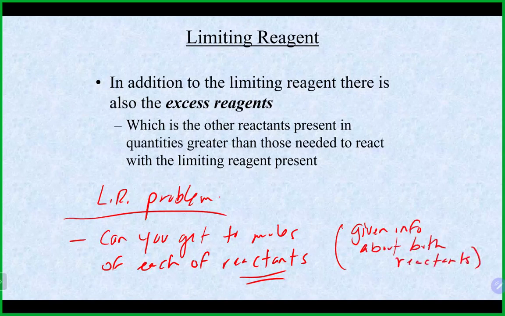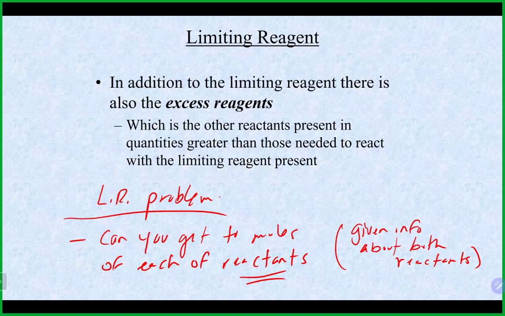So really what you want to look at is, if you're given information about both reactants, do you have enough information given to you to actually get to moles of both reactants? And if the answer is yes, then you know it's a limiting reagent problem, and you have to take that extra step to figure out which one's the limiting reagent.